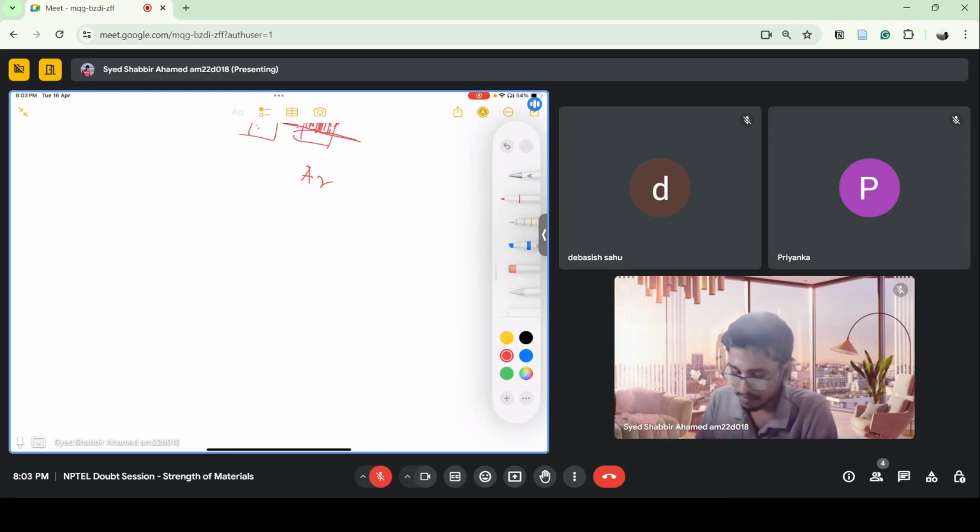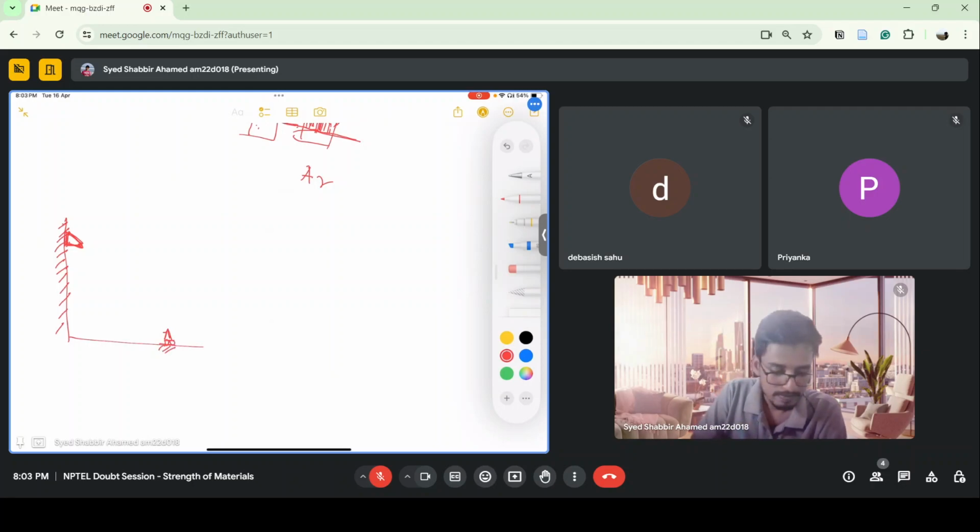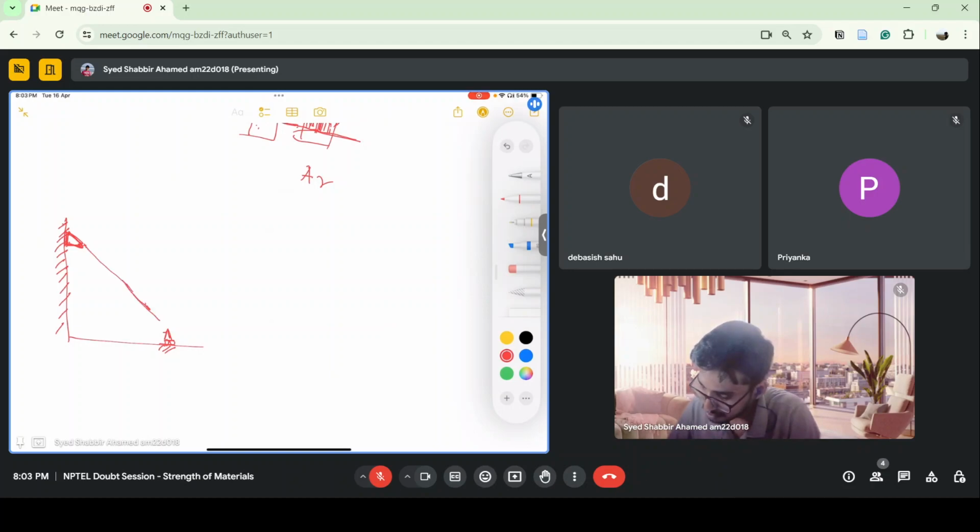Let's say I do a final thing. If I have one strut like this, it is pinned here and also pinned here, and this strut is making an angle of 45 degrees.